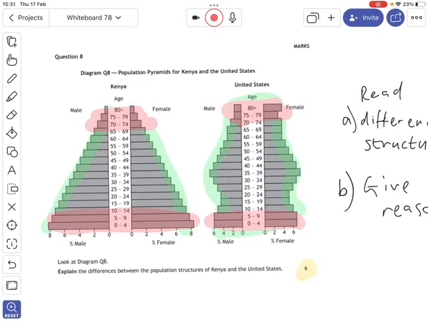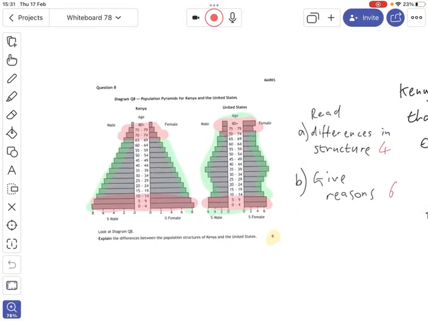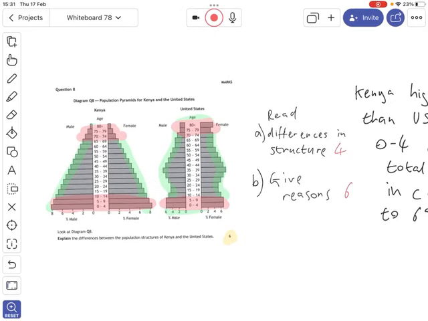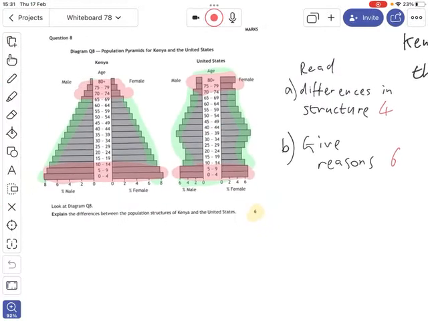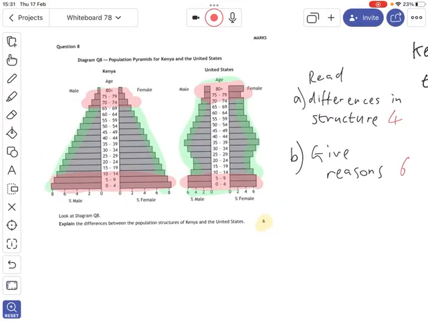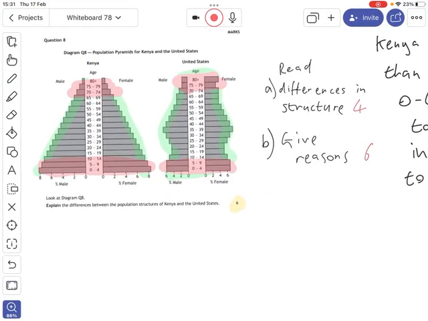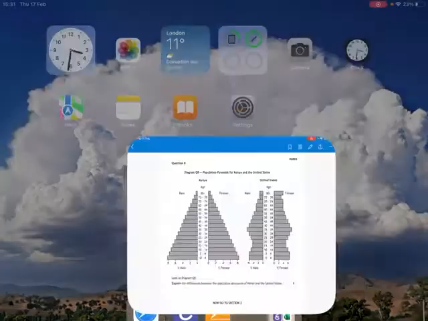Okay, and then the B section from there, what you want to do is give reasons why. This whole bit is in your notes. So when you load up your notes, you'll see 2 different graphs.